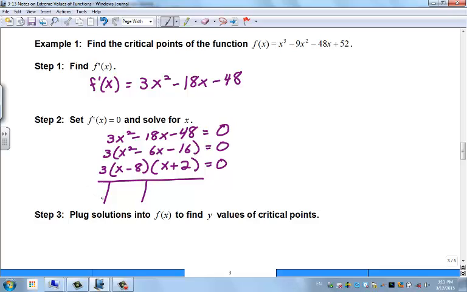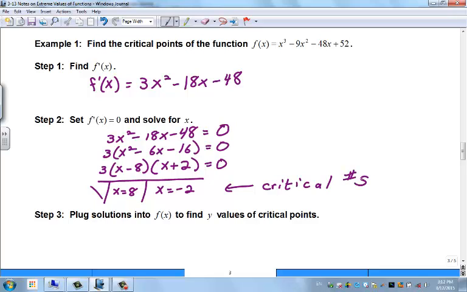Okay, so 3 is never going to equal 0, so we just cross that right out. X minus 8 equals 0, that means x equals 8. X plus 2 equals 0, that means x equals negative 2. So these are called the critical numbers.